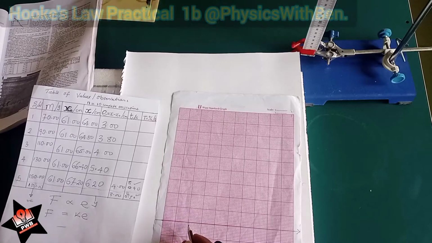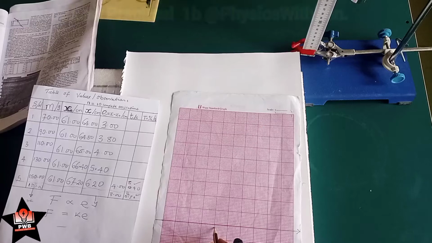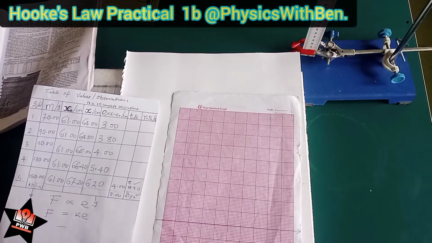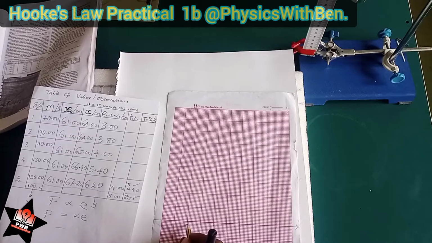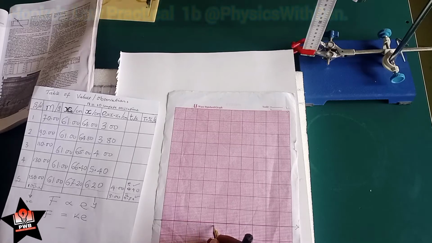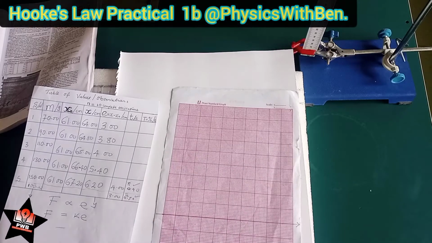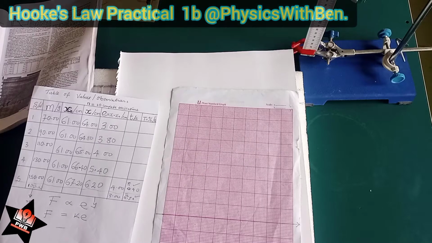Let's try and see. This is 50, this is 100, and this is 150. Oh, let's say 4 cm. This is 50, this is 100, this is 150. That will make the graph too small.